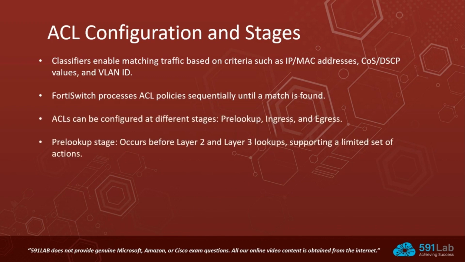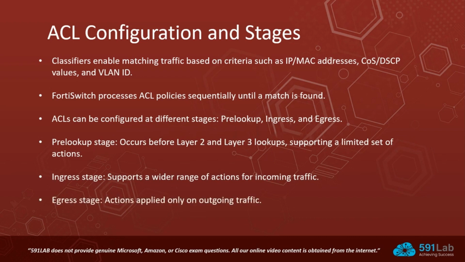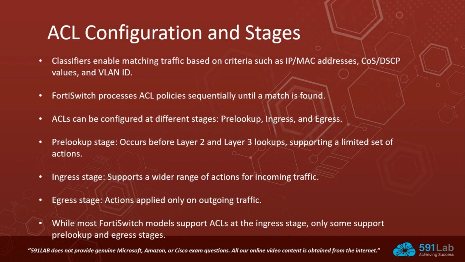Second one, QoS, quality of service. It includes rate limit, set egress queue or remark COS, class of service and DHCP values on frames. Third one, VLAN, set outer VLAN tag on frames. To match traffic on ACLs, you configure classifiers.